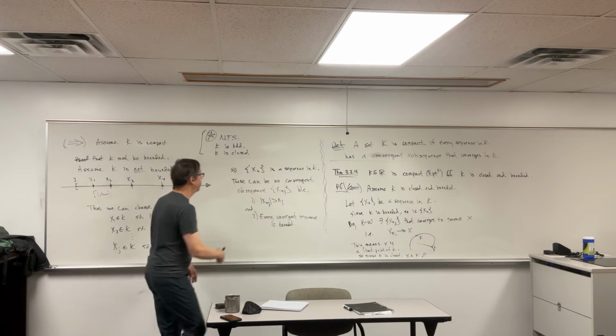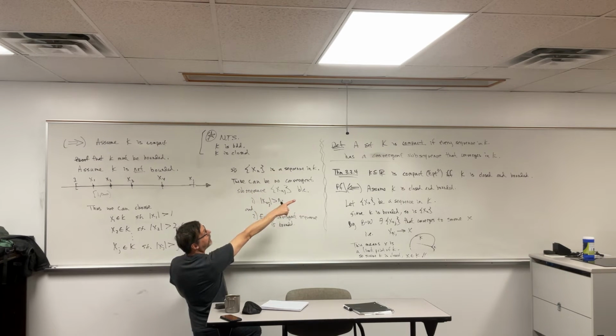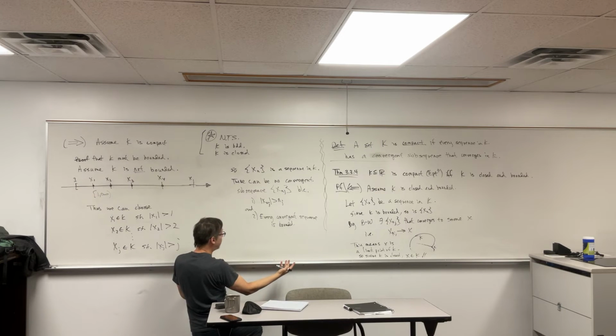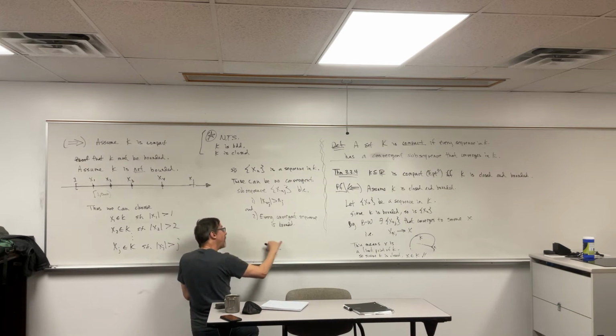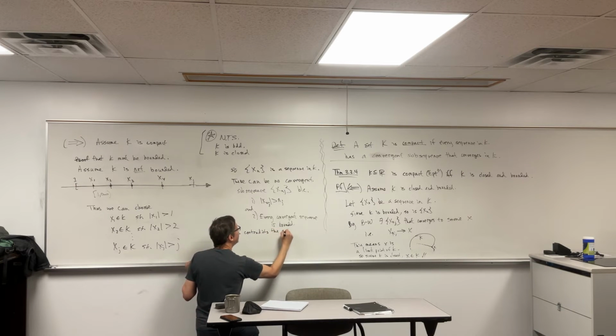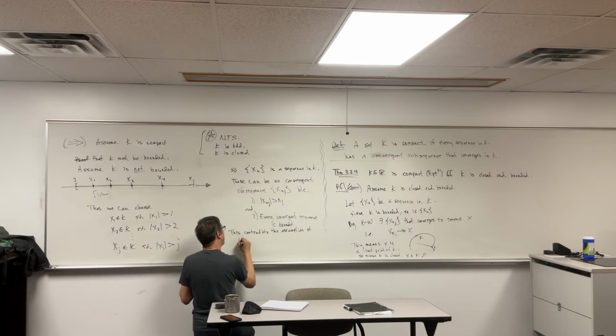Nice. So this contradicts the assumption that it is compact, because we picked a sequence in there, a very specific one, but in a compact set, every sequence, no matter how you pick it, has a convergent subsequence. So this contradicts the assumption of compactness.